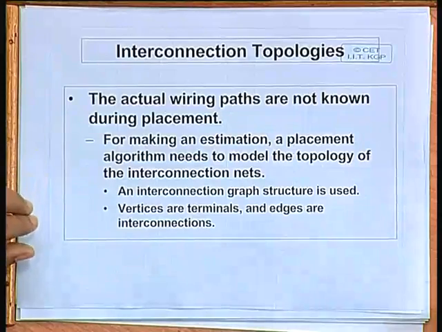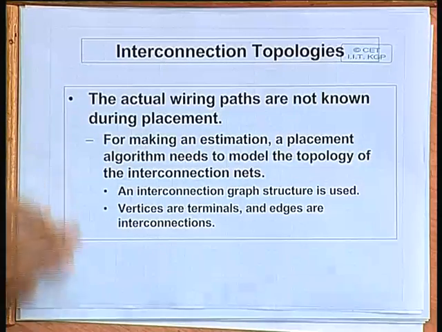So, these are the so-called interconnection topologies, and these are very important in case of placement. You recall in floor planning, we had used some simple estimate like Manhattan distance to compute the cost of interconnection, but here we will be refining the concept, we will be having some estimate which is more accurate. So, let us see how we do this.